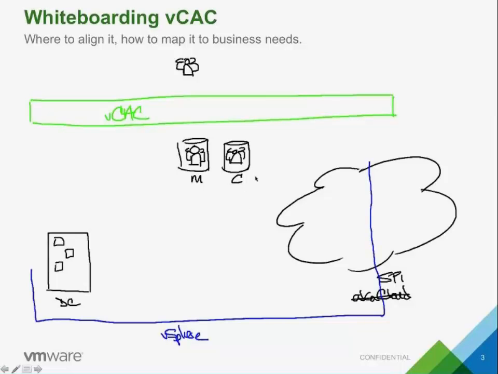So what does vCAC do? Well, vCloud Automation Center is a single point of automation. We're not going to say single pane of glass because it's really not. It's multiple panes of glass that allows you to connect to a physical data center and virtual resources and automate against them, as well as automate against cloud resources.